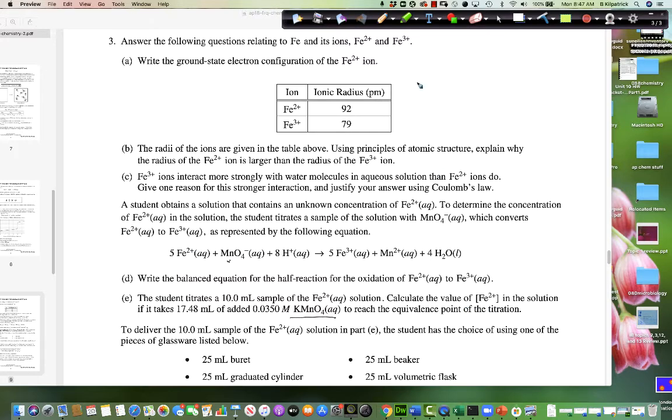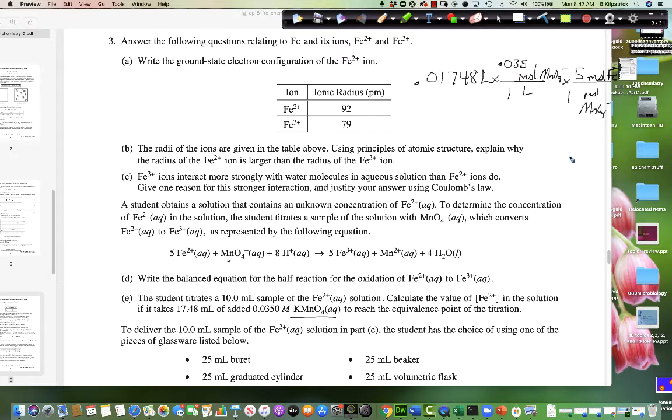So we have 0.01748 liters. Go to moles. There are 0.035 moles for every 1 liter of the permanganate. And then you can go to moles of what you're interested in, which is the iron. All right, so moles on top of moles, look at your coefficients. You have 5 irons for every 1 of these.